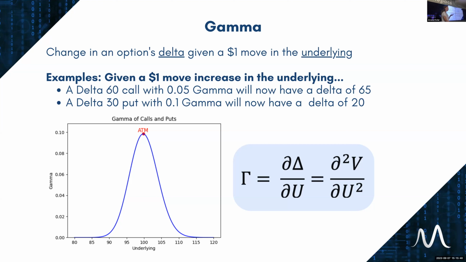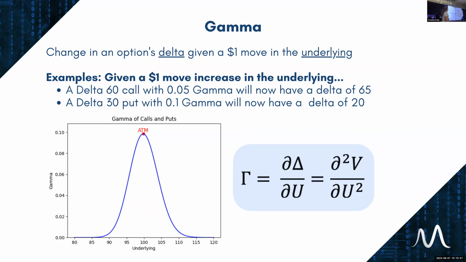Because it's the other way around, you're already negative. As underlying ticks up, you become more out the money, so your delta approaches 0. It goes from negative to 0, so it's increasing. And puts have positive gamma as well.